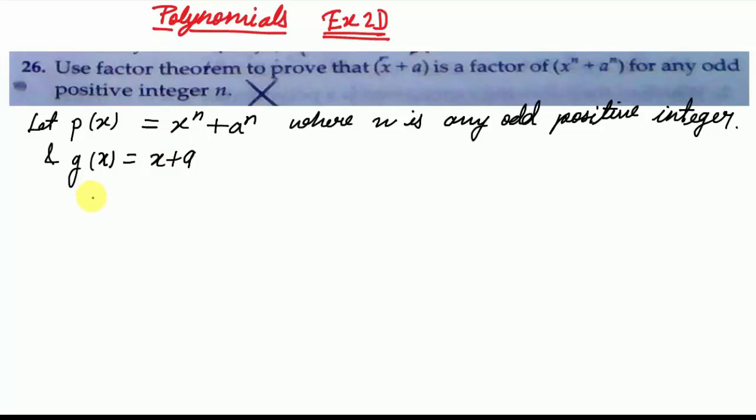So we put g(x) equal to 0: x plus a equal to 0, and x equals minus a.